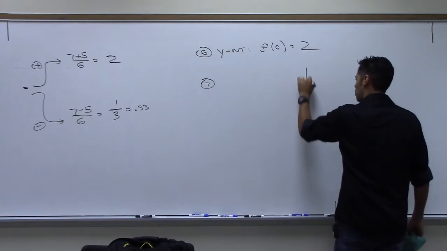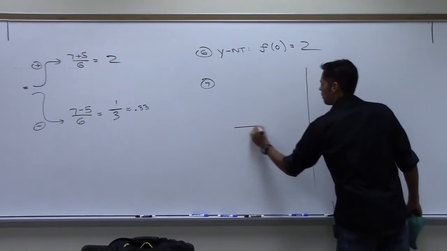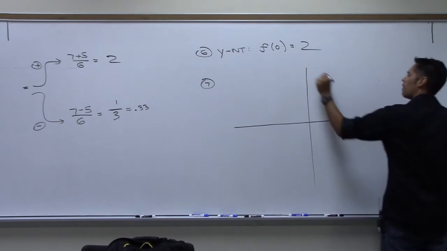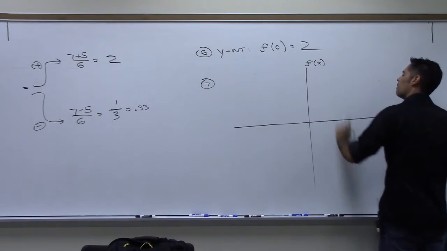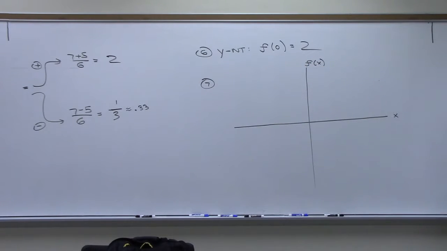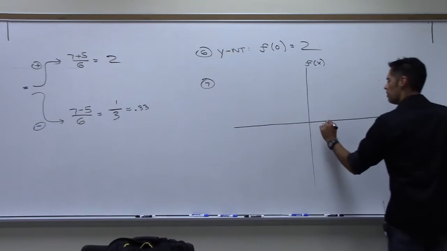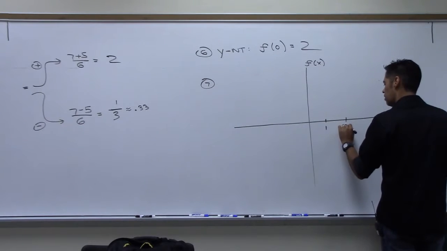Now the final sketch. Starting with my vertex of 1.16, right? And then down 2.08 or something like that, right? So here's 1, here's 2.